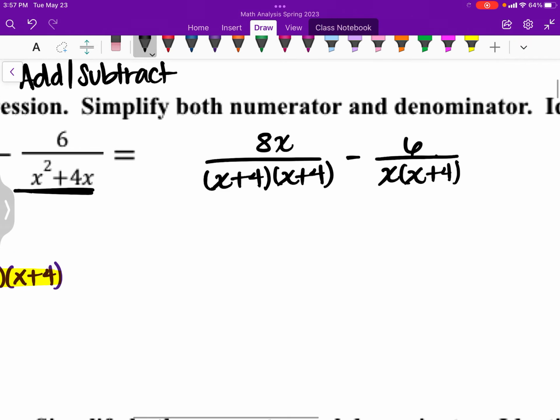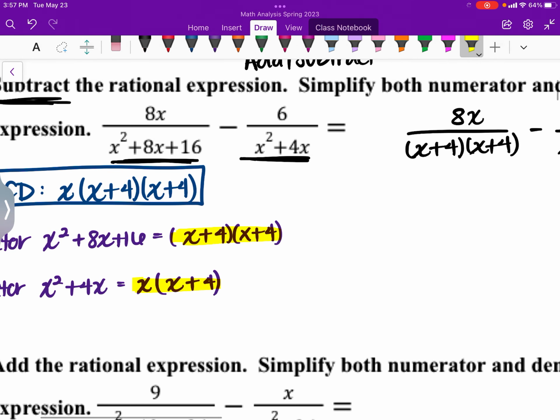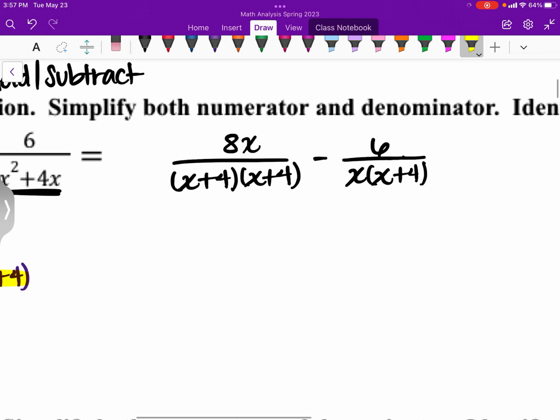Right? So in order for us to get the LCD, I have to multiply this one here by an x, because that's what it's missing, and I have to do that on top and bottom. And on this side, I have to multiply by x plus 4 and x plus 4, because that's what's missing.